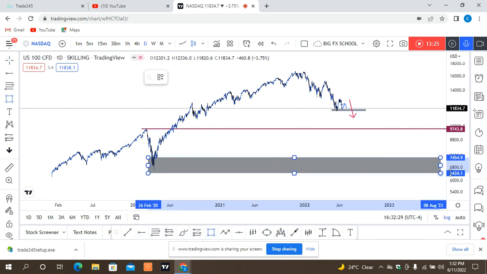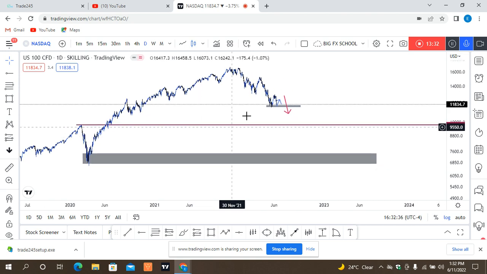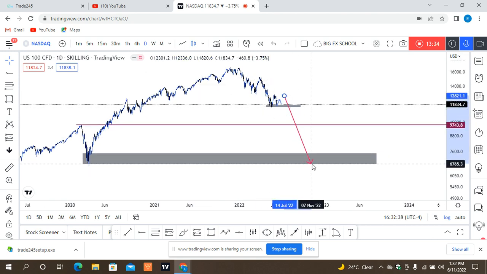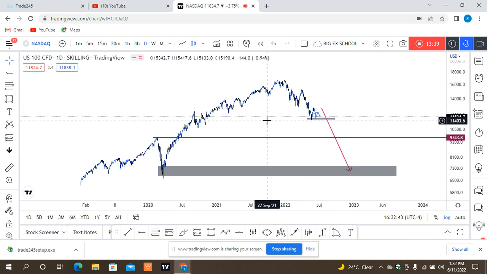Point of interest, it is in that zone, okay? So as the time goes, we are expecting the market to fall to that level before we go high again. Okay.